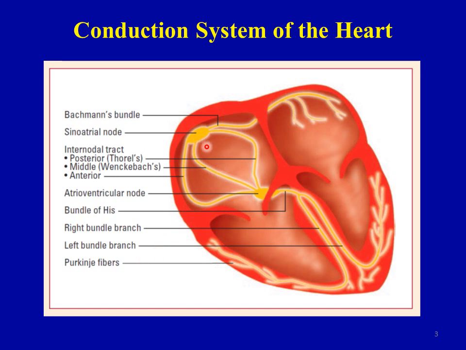In some textbooks you will find that the SA node and the AV node are connected by 3 internodal pathways, and there is also a bundle that will connect the right atrium to the left atrium. But what we have studied in the introduction, we know very well that the electrical activity or the action potential that is generated in the SA node will propagate through the atrial cardiomyocytes to the AV node.